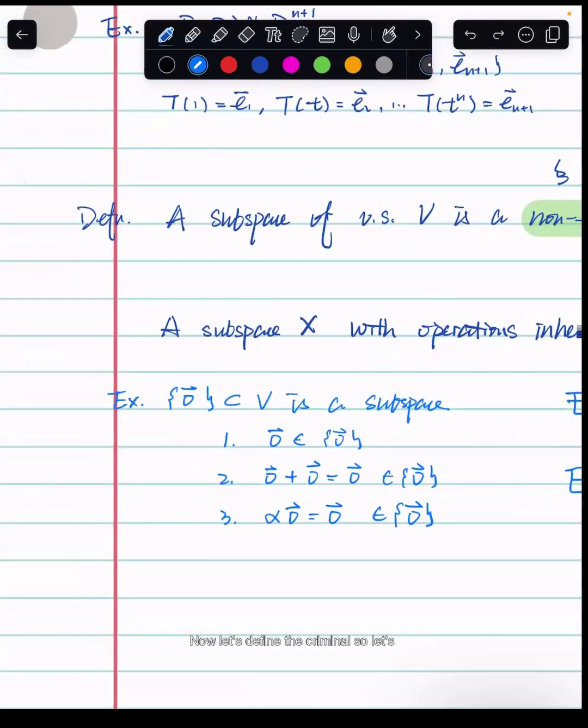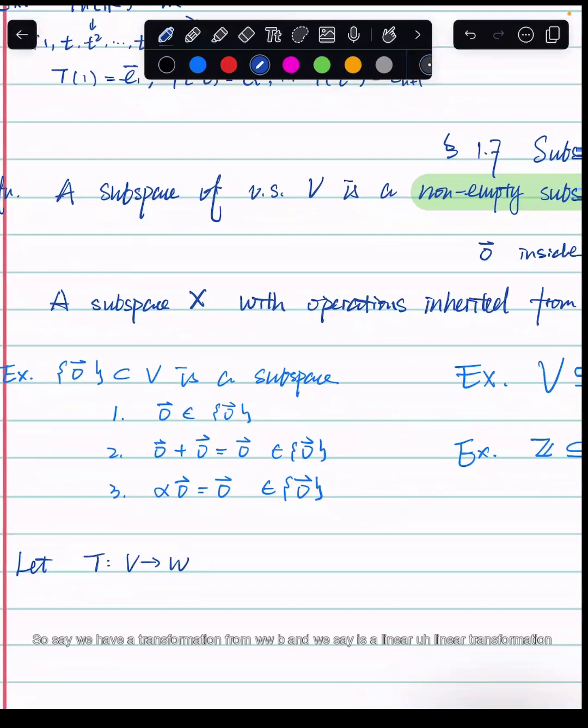Now let's define the kernel. Say we have a transformation T from V to W, and we say it's a linear transformation.